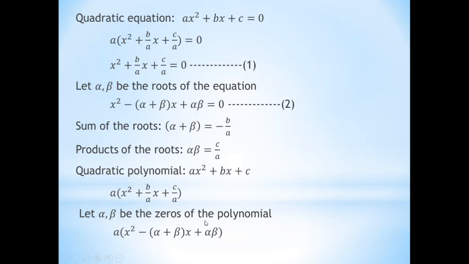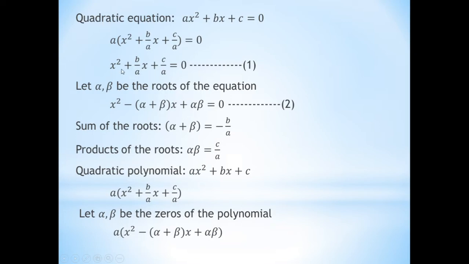Here in the polynomial, when you substitute alpha in the polynomial, the value of the polynomial becomes 0. So it is a zero of the polynomial. That is why we say zero of the polynomial, not the roots of the polynomial or equation. Here I have taken the a outside, but I cannot cancel the a.